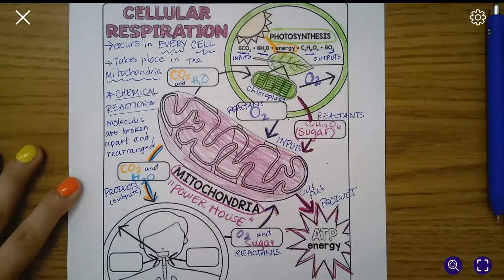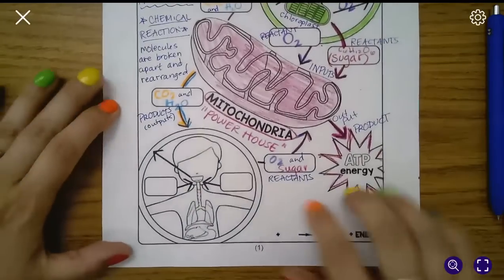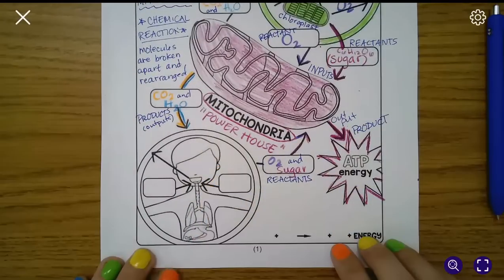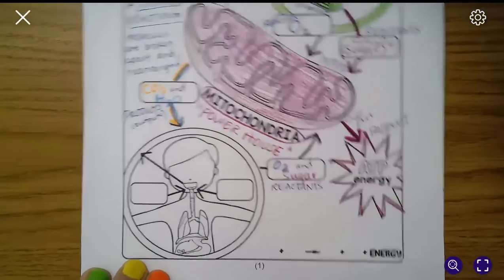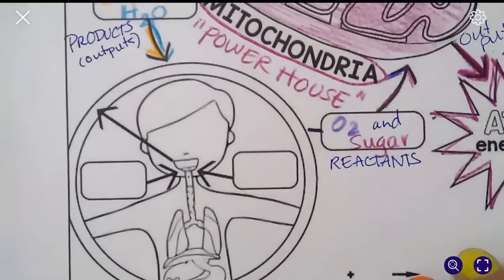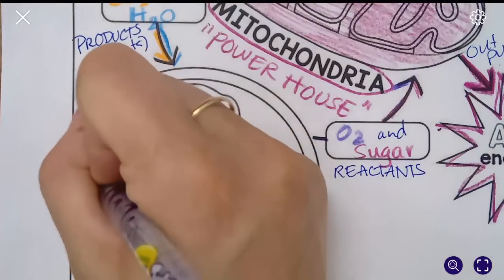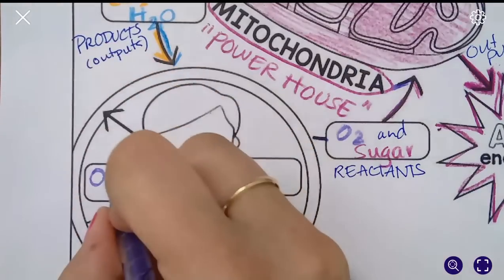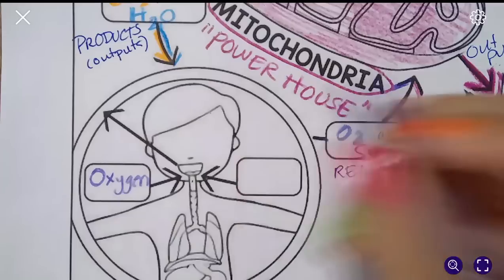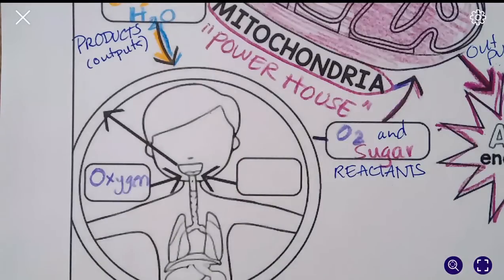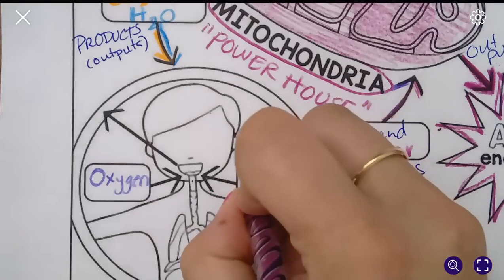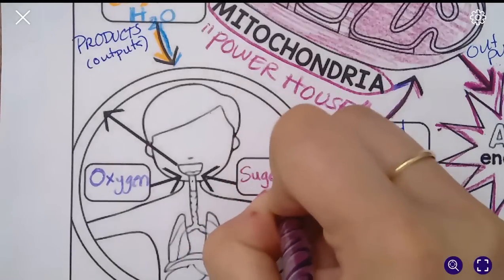All right. Now let's focus in on what's happening actually inside of our bodies. So let's focus in on what's happening inside the human body. Look, there we are. Okay, so what is going in? We know going in is oxygen. We also know we eat food, so that's where we have our sugar, right?